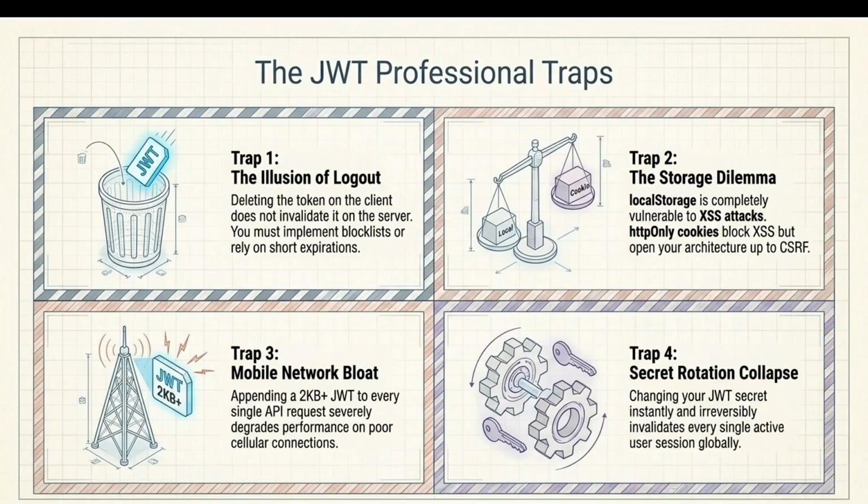And next comes mobile network bloat. Appending a 2 KB plus JWT to every single API request severely degrades performance on poor cellular connections. In the sense, with each and every API request, if there comes a unique JWT, each JWT might occupy some time. In that sense, it leads to high computation and might degrade the performance. So again, that is another trap related to JWT.